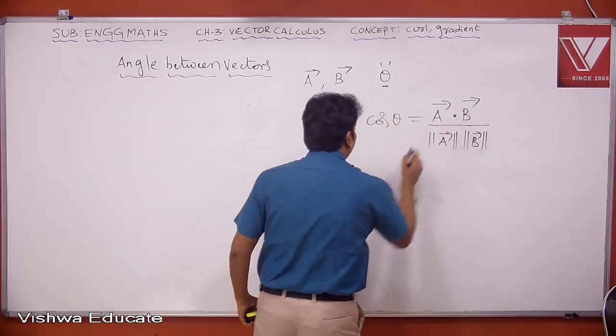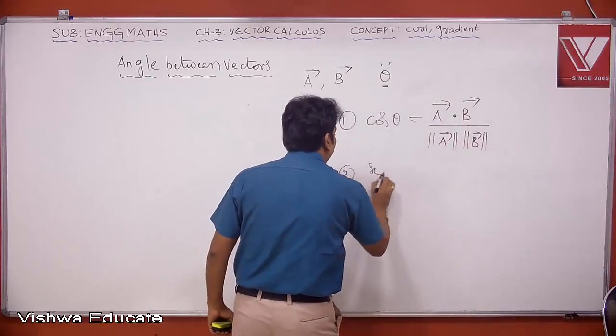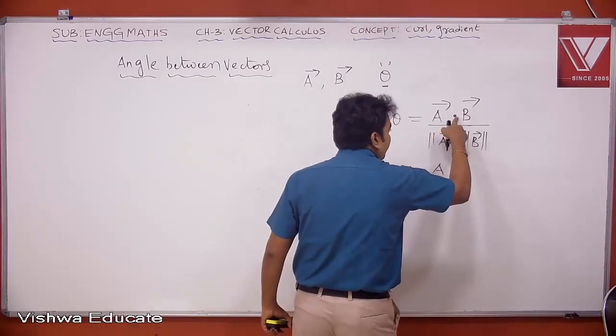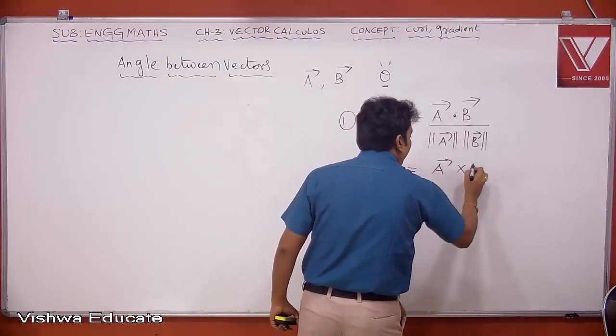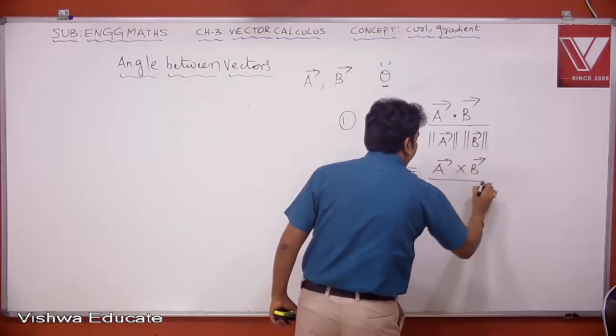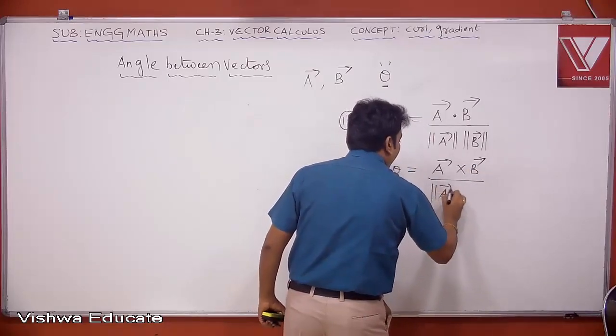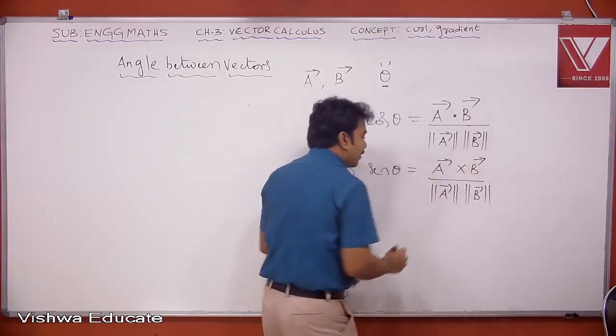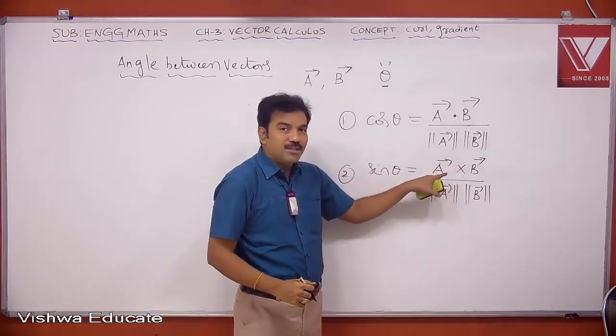Suppose if the dot product is replaced by the cross product, then cos theta will be replaced by sin theta. So in that case this must be replaced by the cross product, A bar cross B bar divided by norm A bar times norm B bar. But on the right side something is missing. Can you guess?